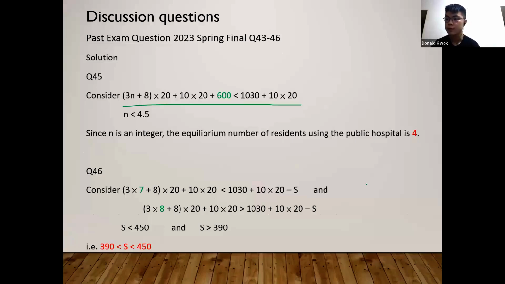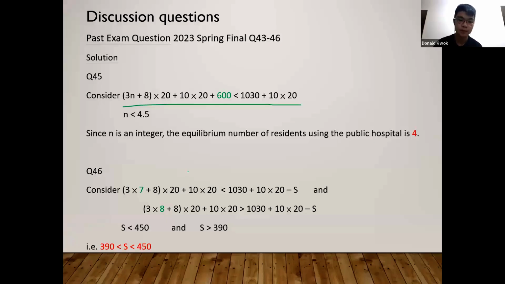Finally, question 46. If the government wants to give residents a subsidy who use private clinic, what will be the value of S such that the social optimal number of residents using public hospital can be achieved? Because at the social optimal outcome, we want 7 residents to use public hospital.